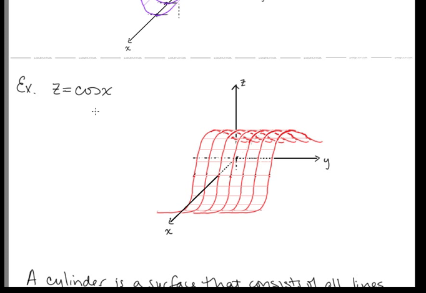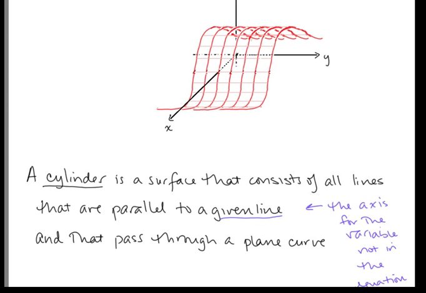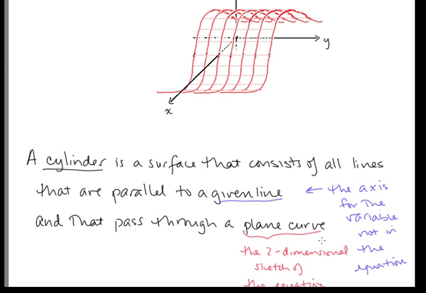So you'll notice that the cylinders we're talking about will only have 2 of the 3 variables in their equation. And in that case, in the definition, we're talking about all the lines that are parallel to a given line, and that given line is going to be the axis for the variable that's not in the equation. And then the plane curve that we're talking about in the definition is the 2-dimensional sketch of the same equation.